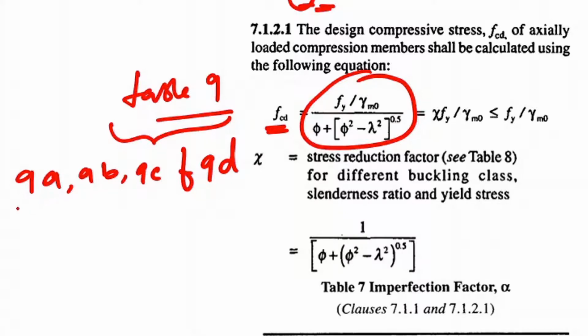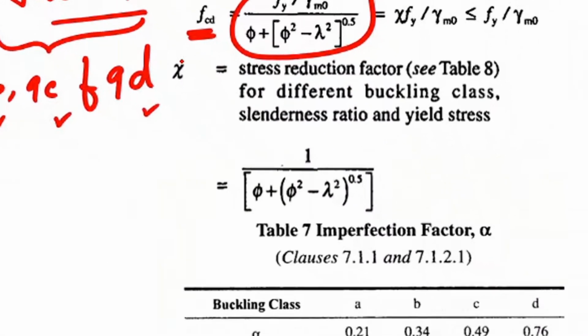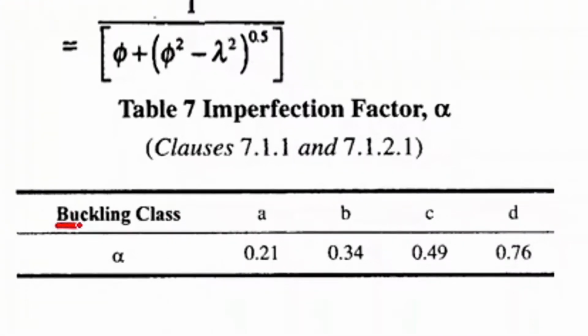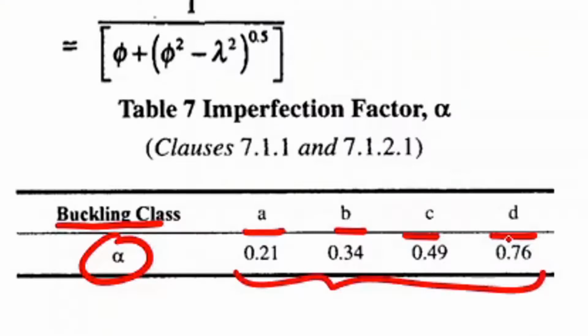To refer to the table, we need to know the buckling class of the given section. So we have buckling class alpha for buckling class A, B, C and D. If you are substituting in the equation, then we need to know this exact value.